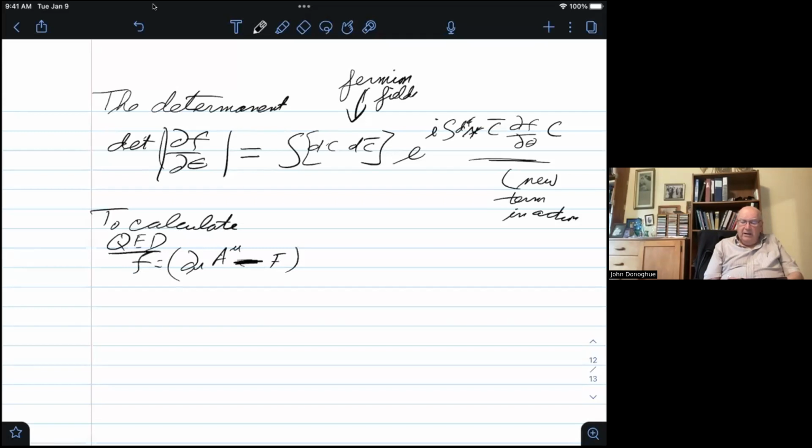So what sat there was the delta function of f of x, and f was the derivative minus some constant. The variation of f with respect to theta is, well, d mu A mu.